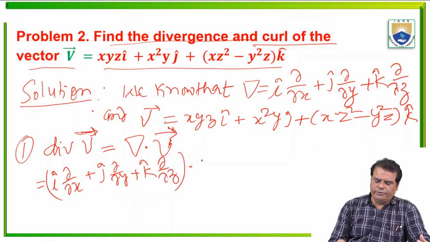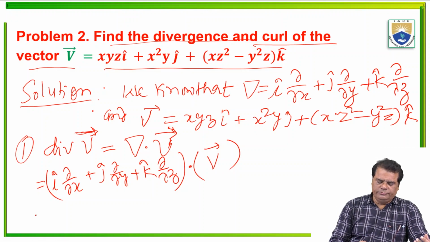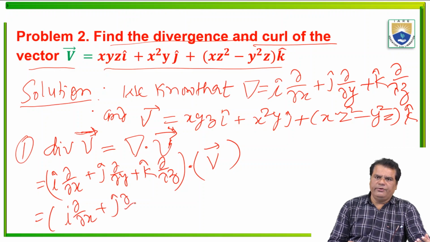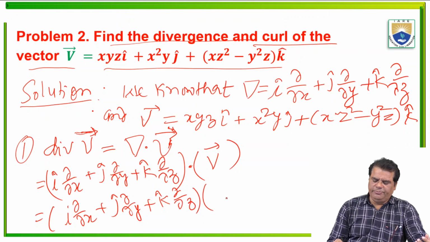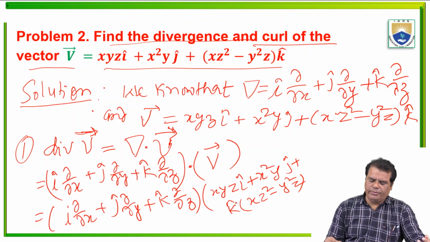This is del dot, and this is vector v. So now i dou over dou x plus j dou over dou y plus k dou over dou z, dotted with xyz i plus x square y j plus xz square minus y square z k.